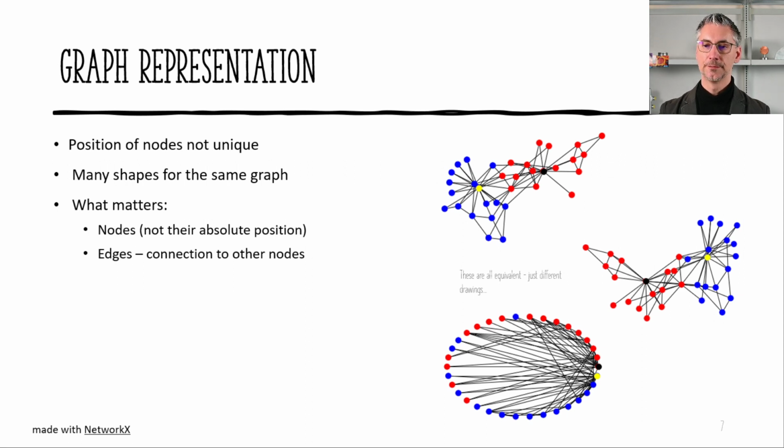One key thing to keep in mind is that the position of nodes is not unique in this graph. So we can have many shapes of the same graph, but what matters in this constellation is that the nodes are there, but not their absolute positions, and the features of the nodes and the edges, which encode which node is connected to which other nodes.